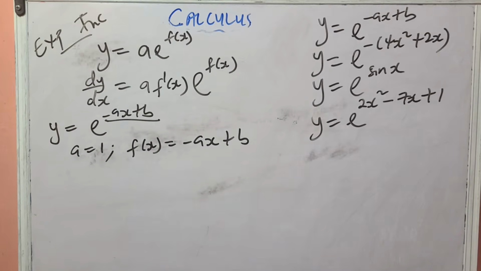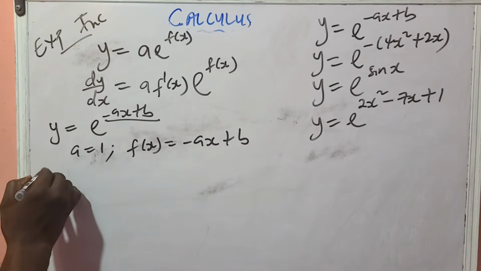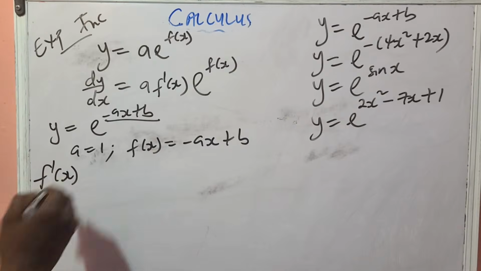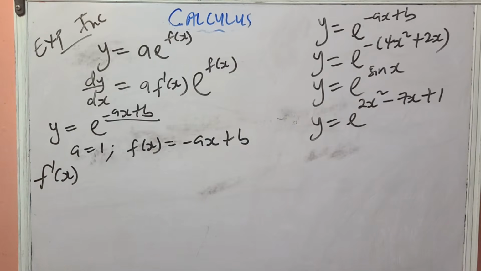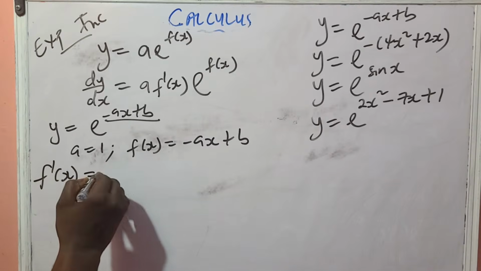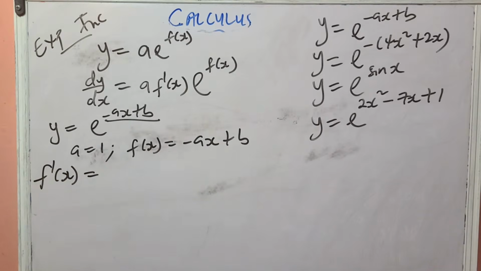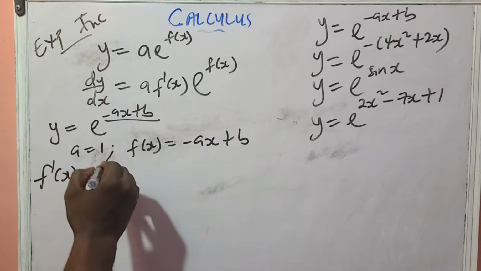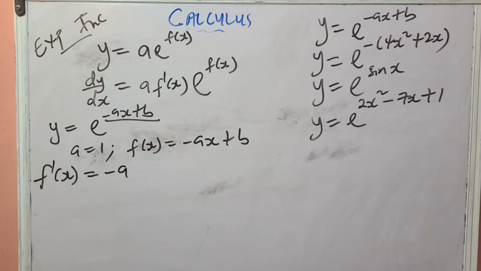Okay, so what do you do next after identifying the power of e? What you do next is to differentiate that power of e, which I believe we just did. This is a polynomial function. So when you have minus ax plus b, if you are going to differentiate this, what are you going to get? Of course, that's why you needed to know polynomial functions. Your answer will be minus a. Now please let me quickly say one thing.